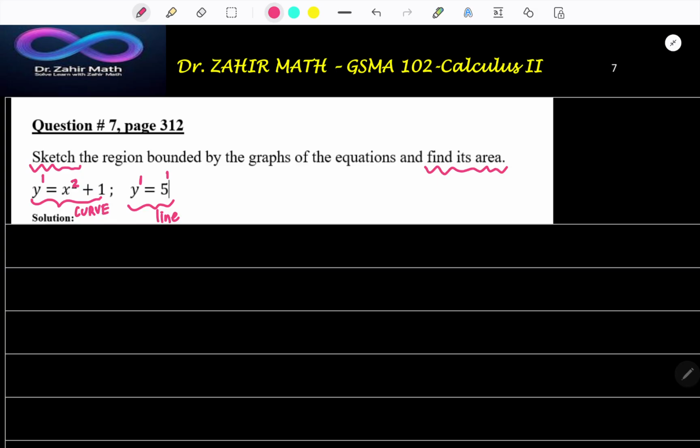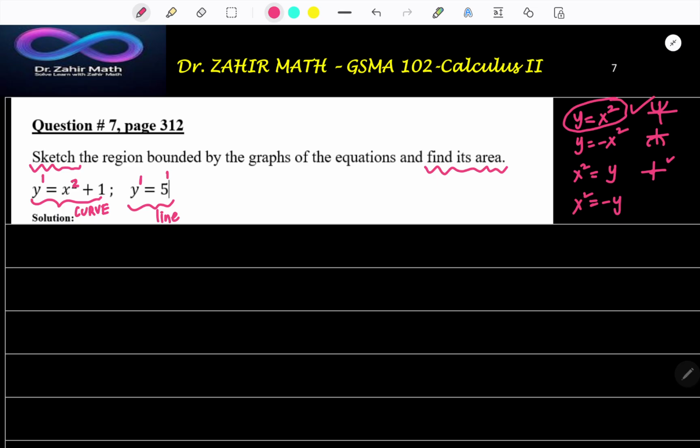So I taught you 4 types of parabolas: y equals x squared, y equals minus x squared, x squared equals y, x squared equals minus y. Look at your parabola. This is also y equals x squared, but it is not exactly that. There is a plus 1. Everything before was going through the origin, but now it is not going through the origin.